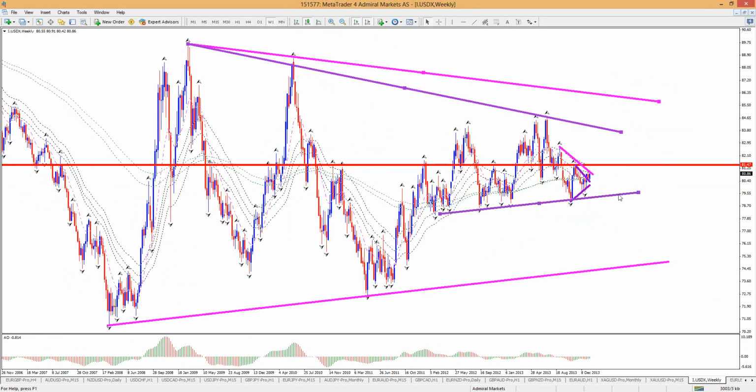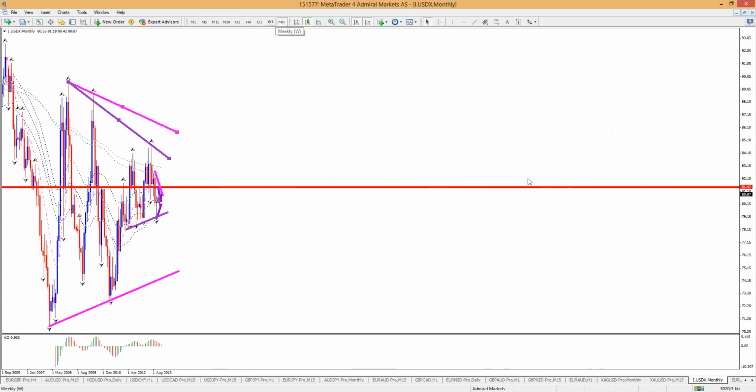Either a break above magenta, this lower time for magenta and red, up to there, maybe then up to there later on, or do we break like that? This is quite choppy, but it still has a bit more uptrend momentum from a monthly perspective maybe, or weekly perspective even.